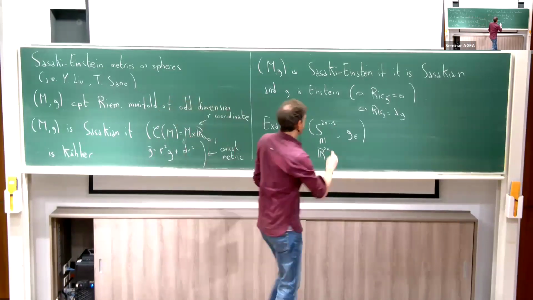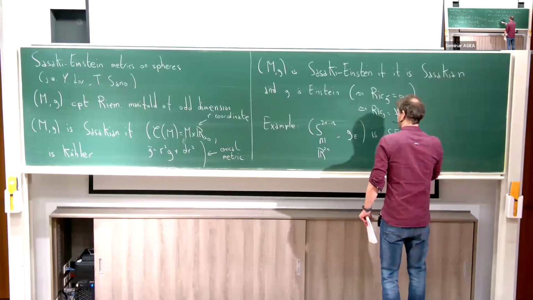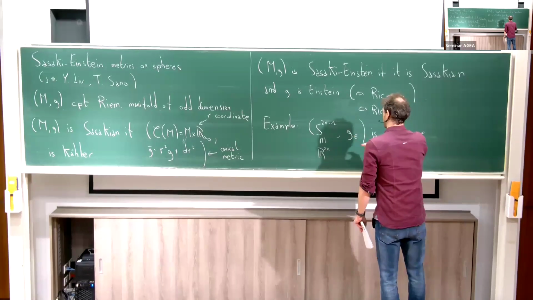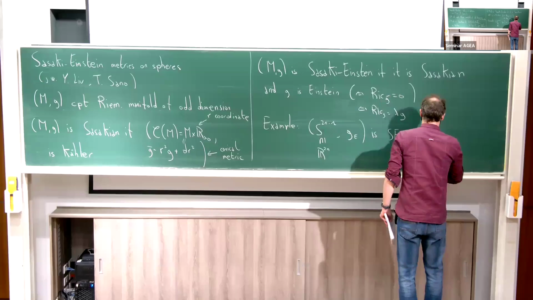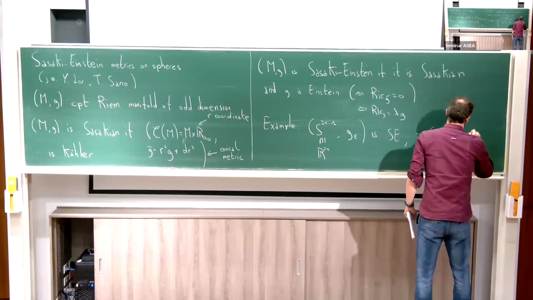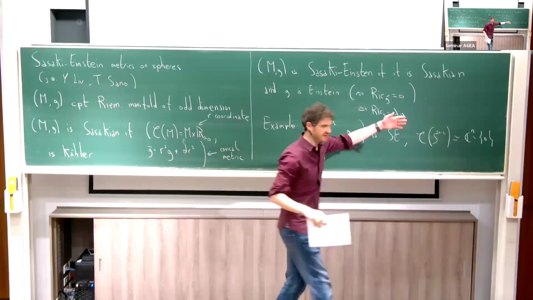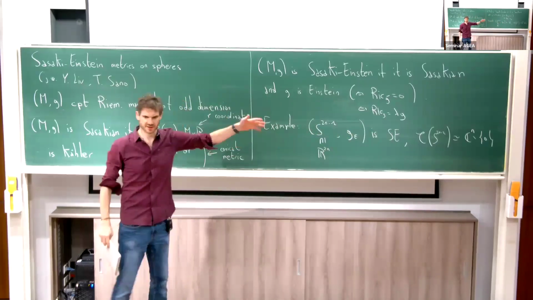And this guy is Sasaki-Einstein. The reason is that the cone of this guy, as you can do as an exercise, is just C^n minus the origin with the Kähler-Einstein metric on C^n.